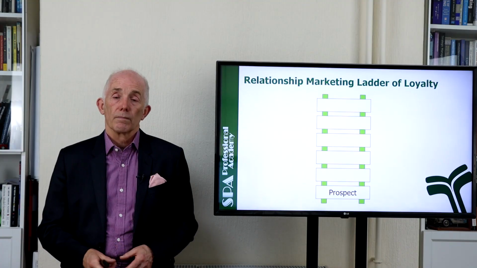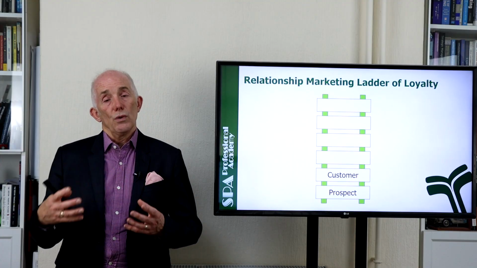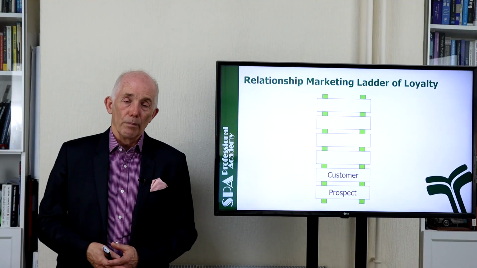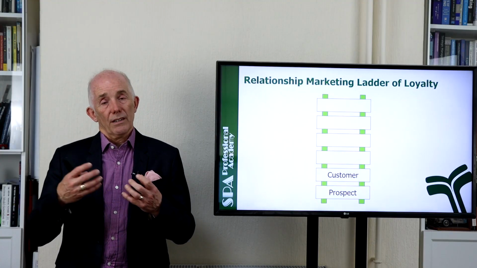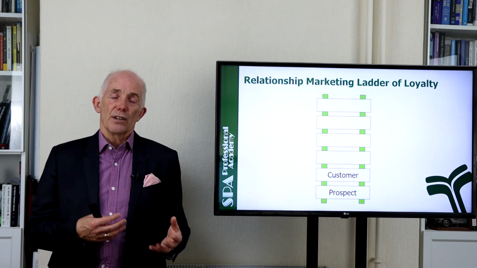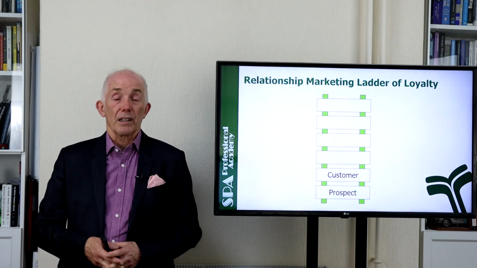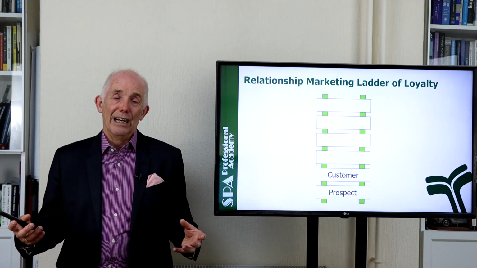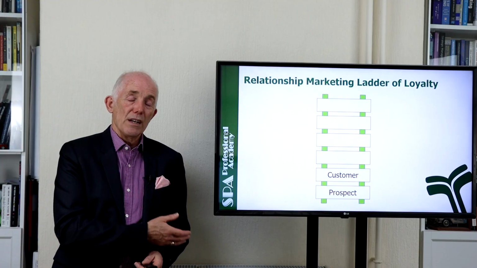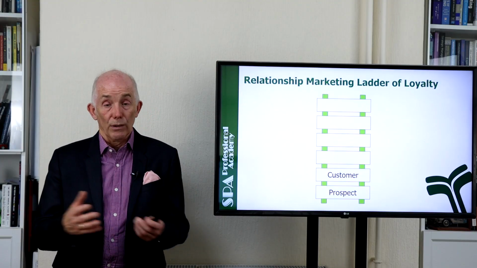When they do transact, when we get that first order, in whatever form that takes, we could categorise them as a customer. They've bought from us. But at this stage, if we're looking at it from a loyalty perspective, there is no loyalty from that customer. They've tried us, and therefore they know what at one level we get.